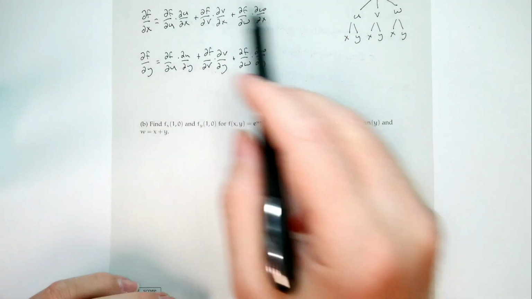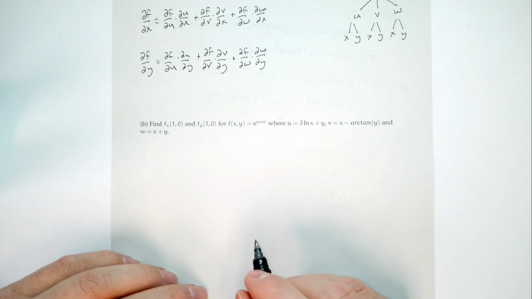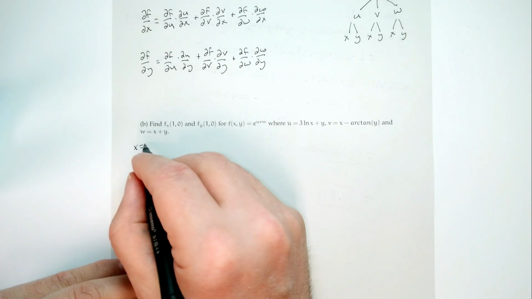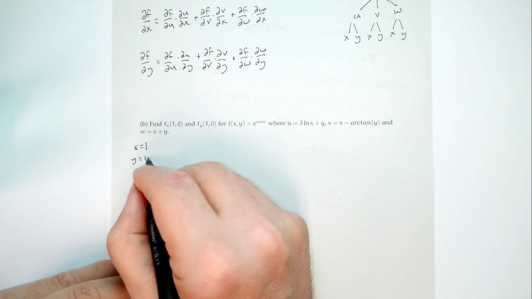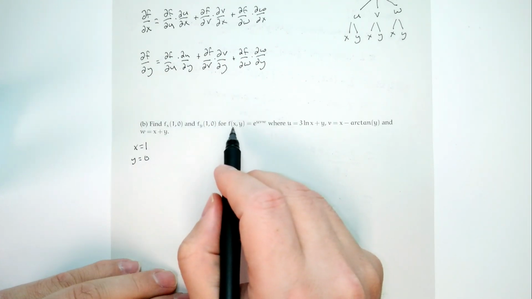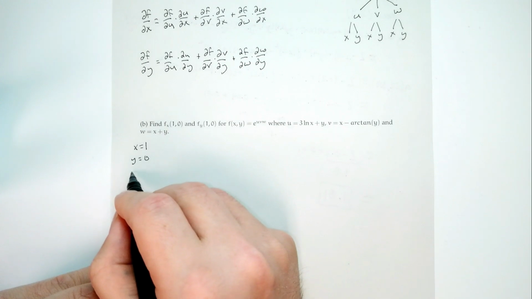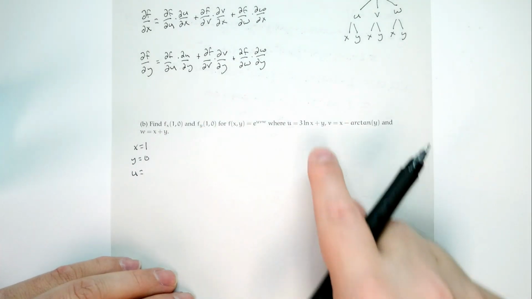So let's use what we have up here. So let's talk about what we know. First off, we know x is 1 and y is 0. So we're thinking this is x, y, 1, 0. Let's talk about u. Yes, I'm asking you. No, I mean this u.